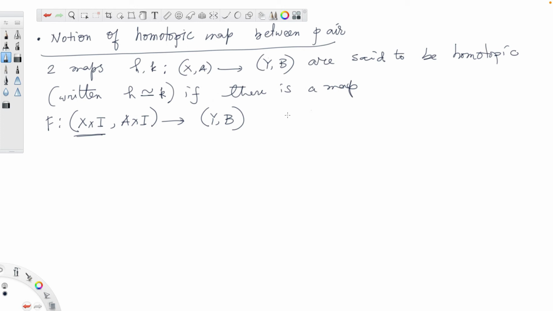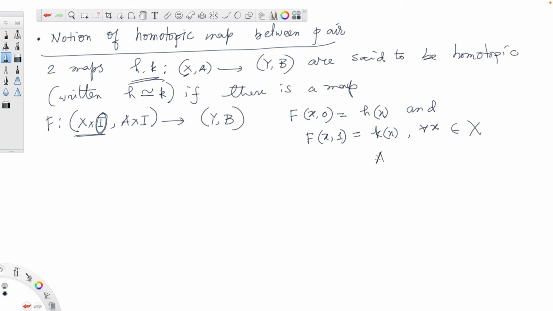And so these two maps are said to be homotopic when f of x comma 0, at one extreme of the closed unit interval 0 to 1, is equal to h of x, and at the other extreme, f of x comma 1, it is equal to k of x for all x in big X. Right?